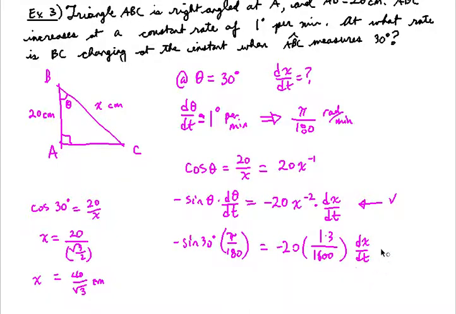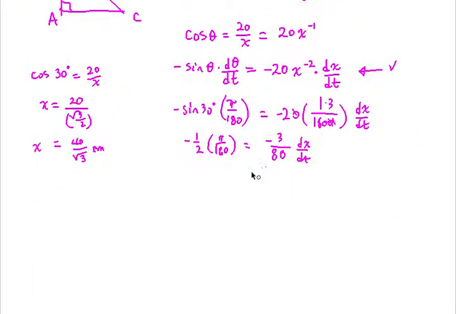Now I just solve for dx/dt. Sine of 30 is 1/2, so this becomes minus 1/2 times pi over 180 equals, this will cancel, and we end up with 60 on top, so minus 3 over 80 dx/dt.